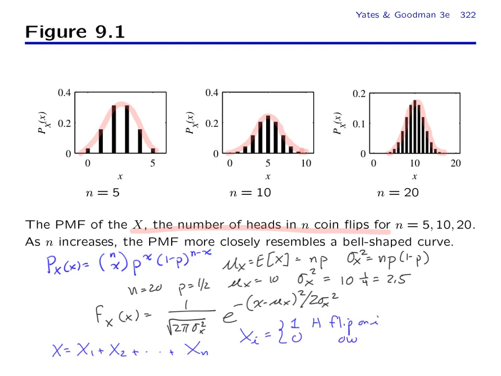So in fact, the binomial is the sum of n independent Bernoulli random variables corresponding to the n coin flips. And what the central limit theorem says is that sums of independent random variables will begin to resemble Gaussian random variables in the distribution function.